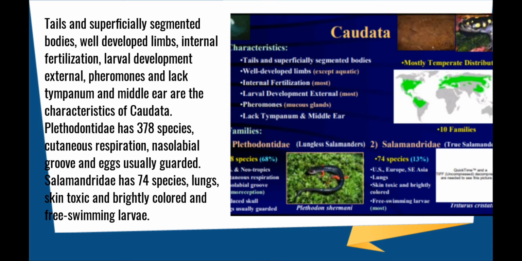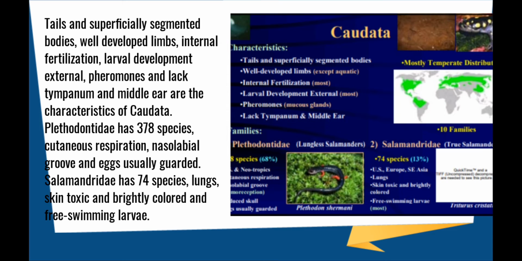The Plethodontidae has 378 species. They have cutaneous respiration and a nasolabial groove, and their eggs are usually guarded, while the Salamandridae has 74 species.